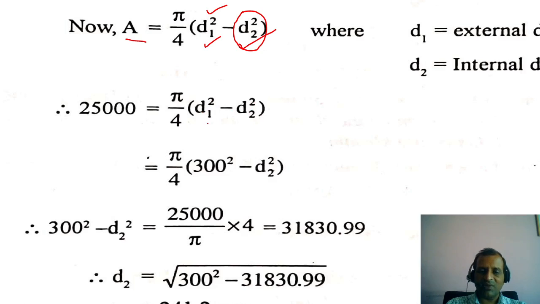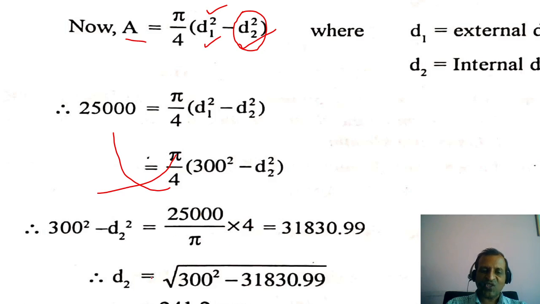Substitute the given values in this formula. Pi by 4 into (300 square, the external diameter, minus d2 square). You need to find d2 square, so keep this term here only and bring the other terms to this side. So 25,000 into 4 will come, and pi will come downside. So 300 square minus d2 square is equal to 25,000 into 4 divided by pi.